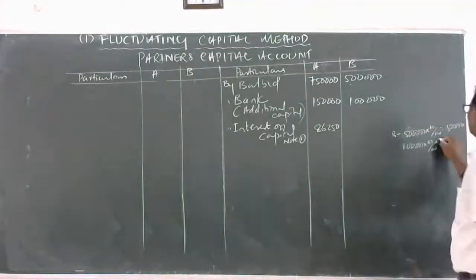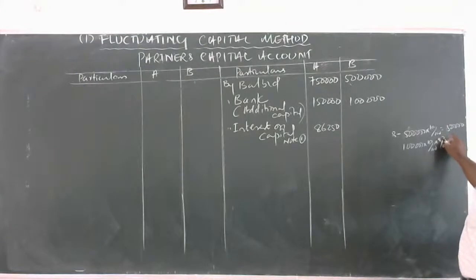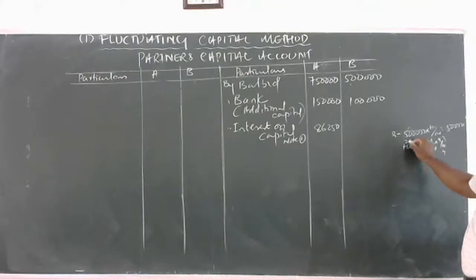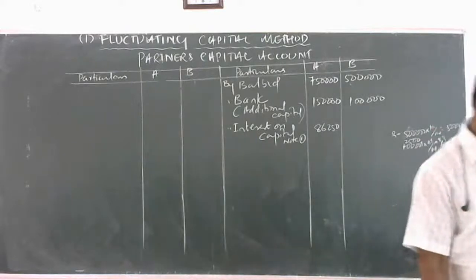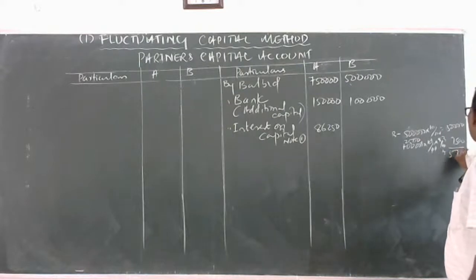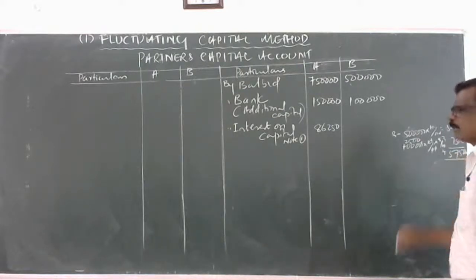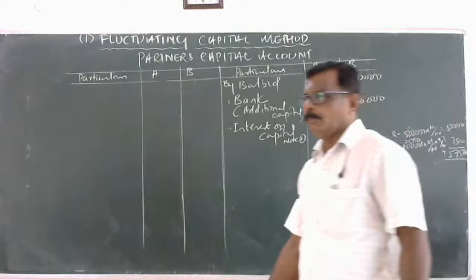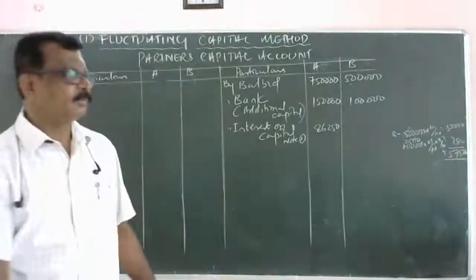So it will be 7,500. Therefore, total interest on capital of Mr. B is 57,500.